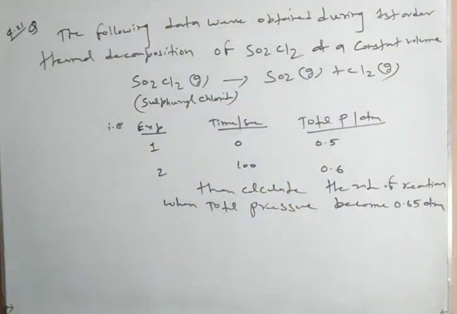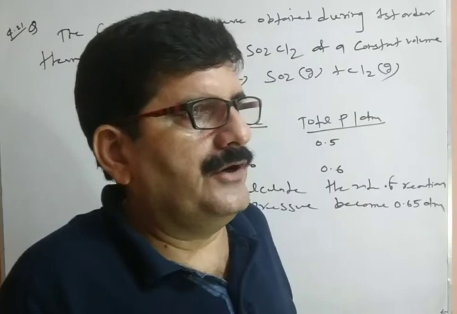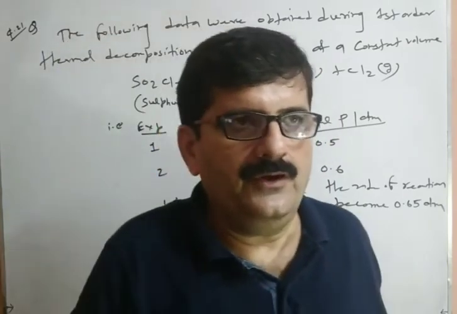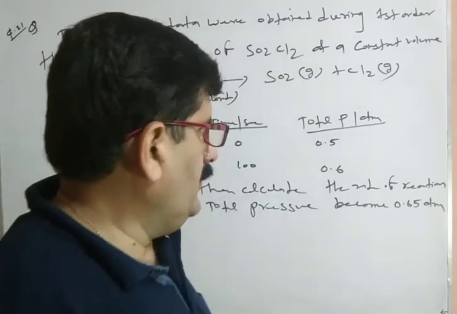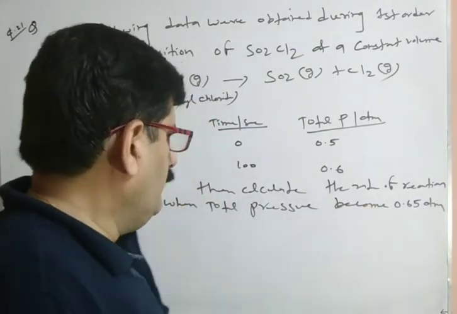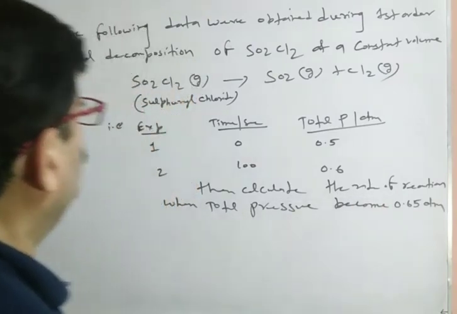So according to the question, first we have to find the numerical value of k, that is the rate constant. If k is given, then finally we can find the rate of reaction when total pressure is 0.65.